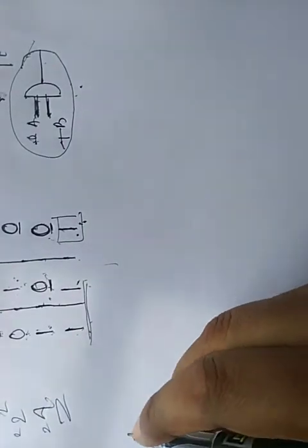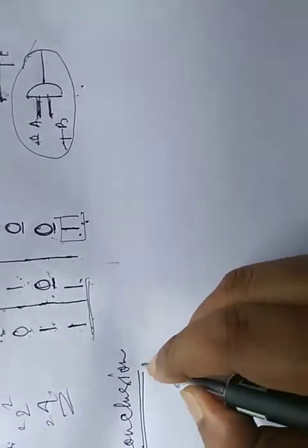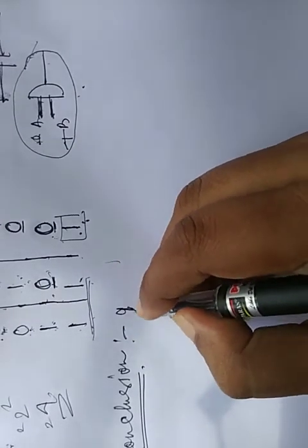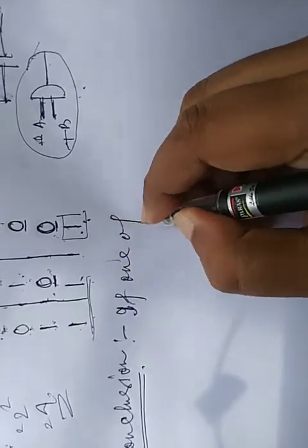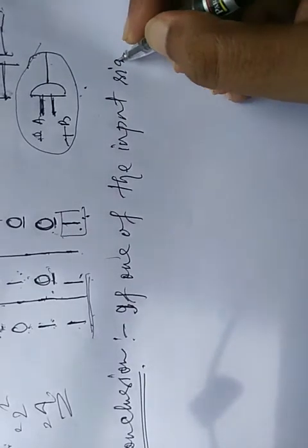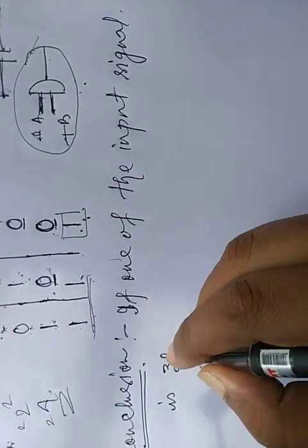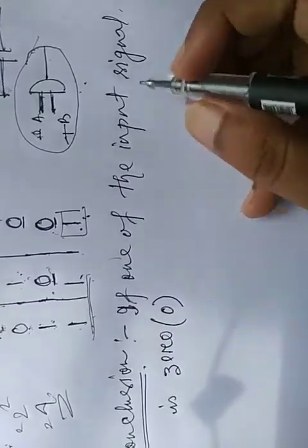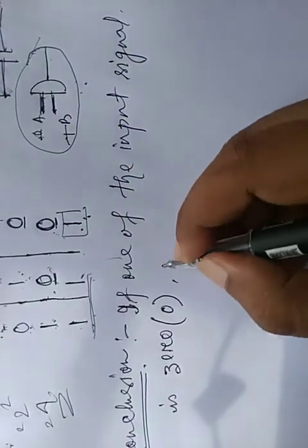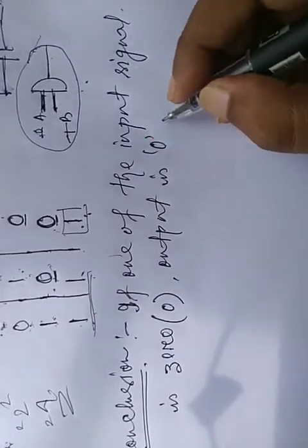Our conclusion is: in the AND gate, if one of the input signals is 0, one of the input signals, whether it is 2, 3, any number of inputs, is 0, the output is 0.